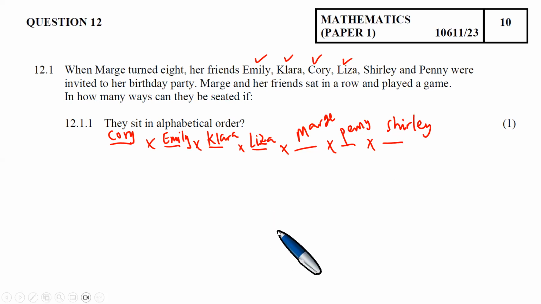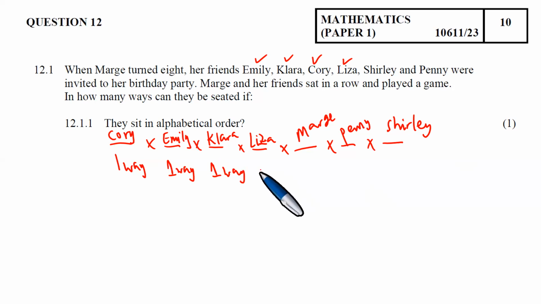So in alphabetical order, because their positions are already fixed, each can be there in one way. One way, one way, one way, one way, one way, one way.